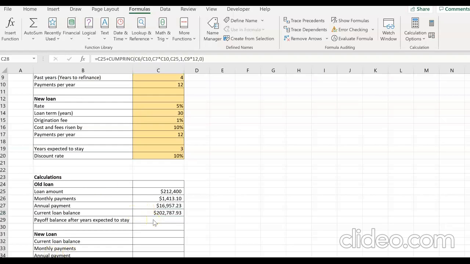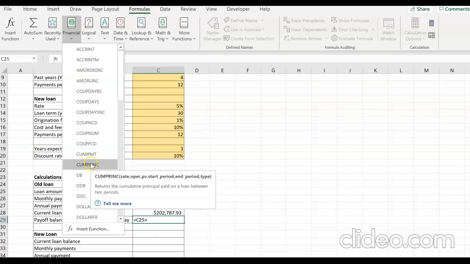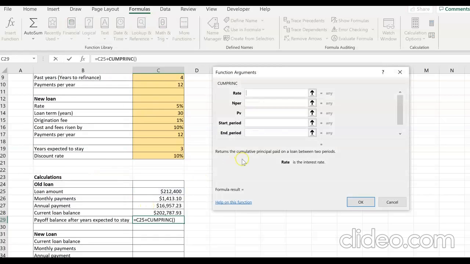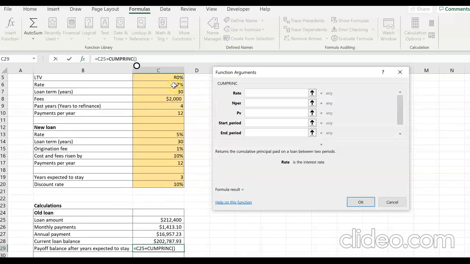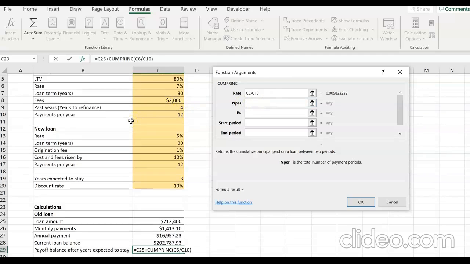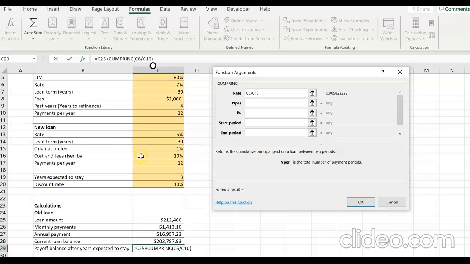To calculate the payoff balance after years expected to stay, I use the loan amount plus the function of CUMPRINC. The rate would be 7 divided by 12 months. The end period would be 30 multiplied by 12 months.